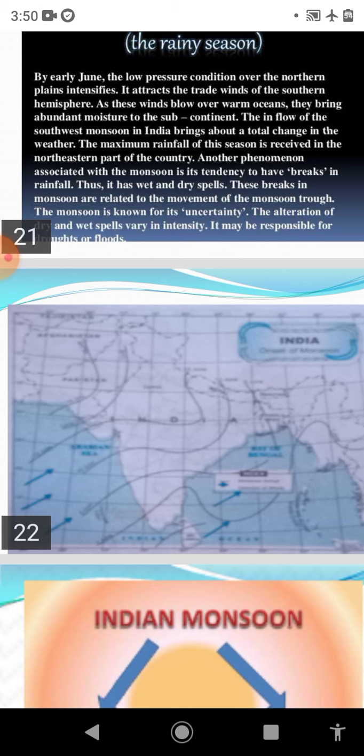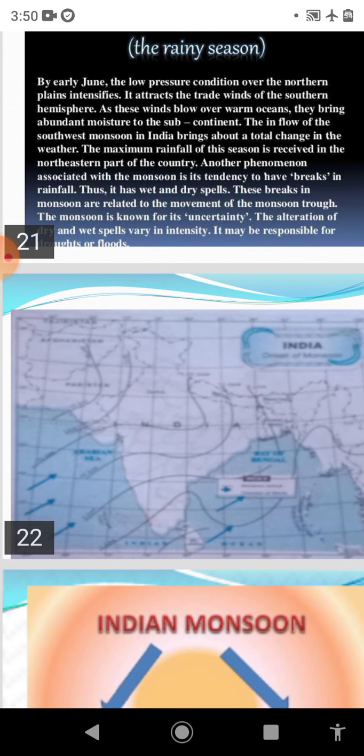The breaks in the rainfall are the most important phenomenon associated with the monsoon. Thus it has wet and dry spells. In other words, the monsoon rains take place only for a few days at a time. They are interspersed with rainless intervals.